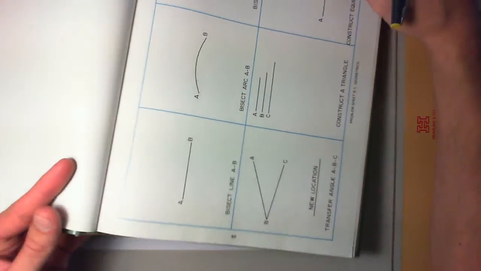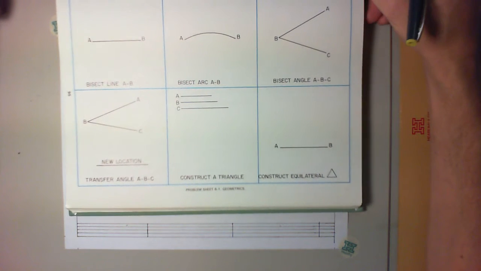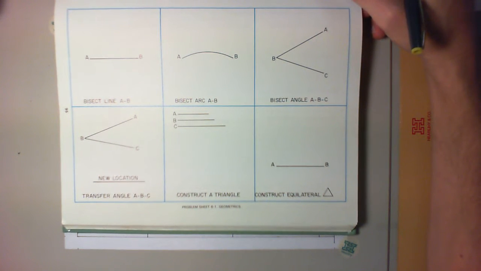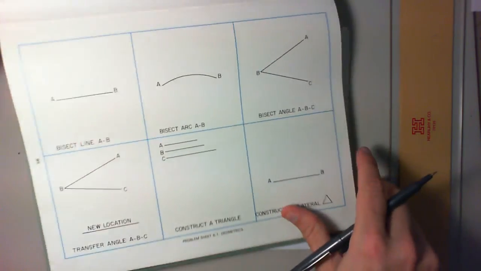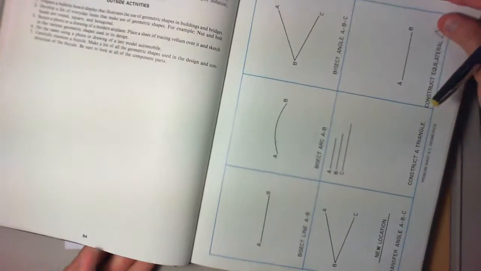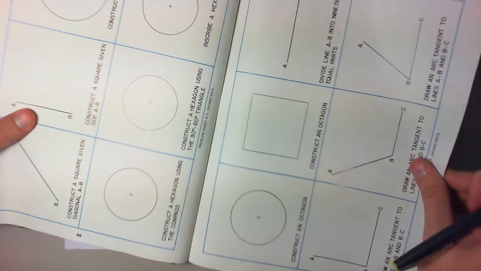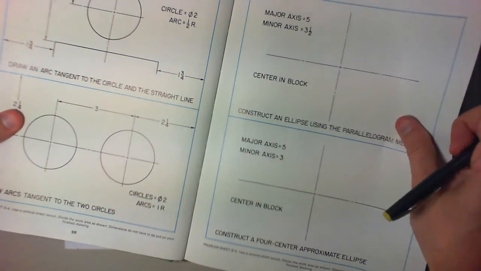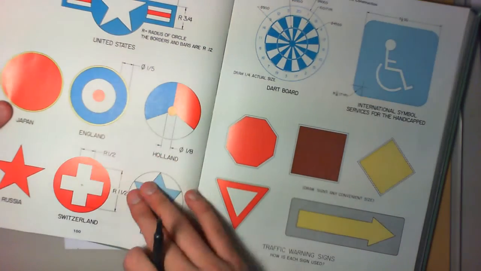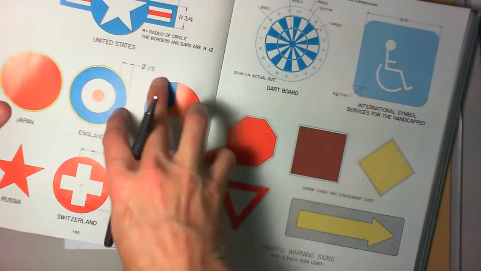So the first thing we're going to do is do problem sheet geometrics, and you guys are going to duplicate this sheet, but you're also going to finish and follow the exact step that it asks you. And after you do that, you're then going to pick six objects.